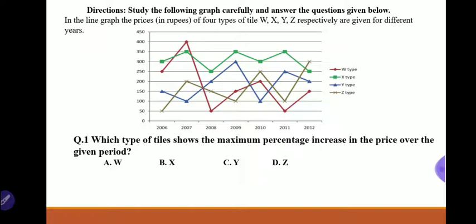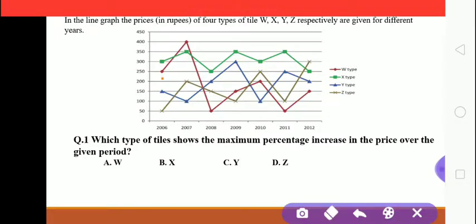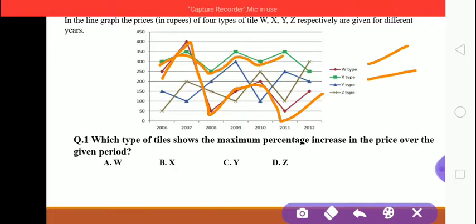The diamond shape represents W. The diamond shape graph is this, for the W type. For X type, this one. Then for Y type, this one is the graph, and these points are represented by triangles.